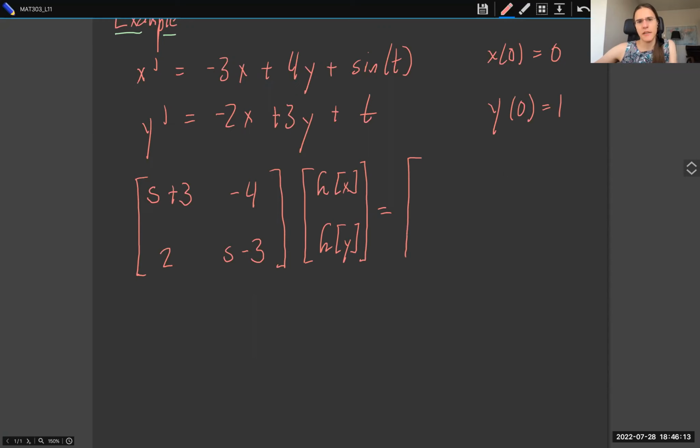Well, sine t gives us, so that's the nicer one, 1 over s squared plus 1. And then t is going to give us 1, so it's n factorial divided by s to the n plus 1.